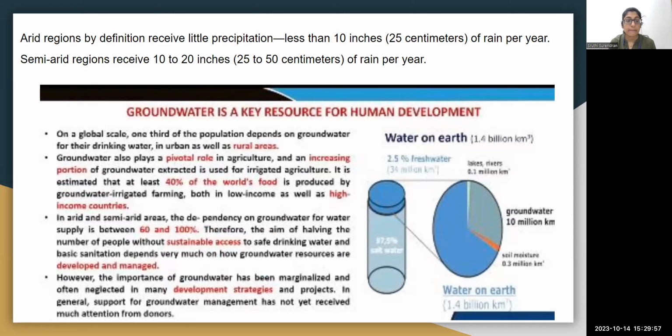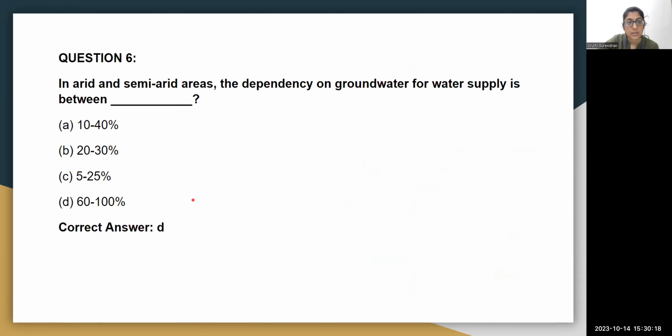And it is said that 40% of the world's food is produced as a result of groundwater irrigated farming, even in low as well as high income countries. And yes, in arid and semi-arid areas, 60 to 100% of the water supply is provided by groundwater. So the answer for this question would be option D, 60 to 100%.